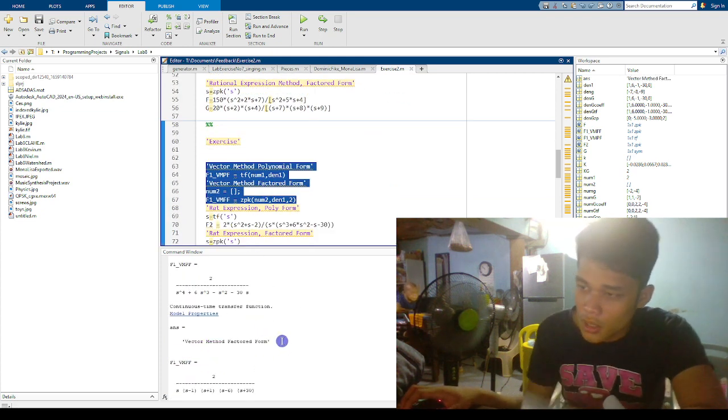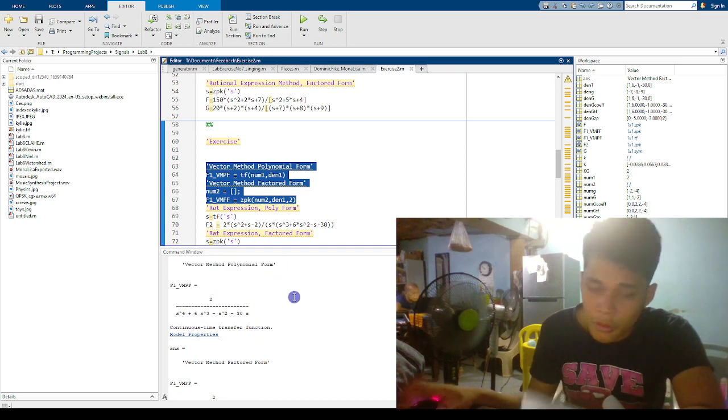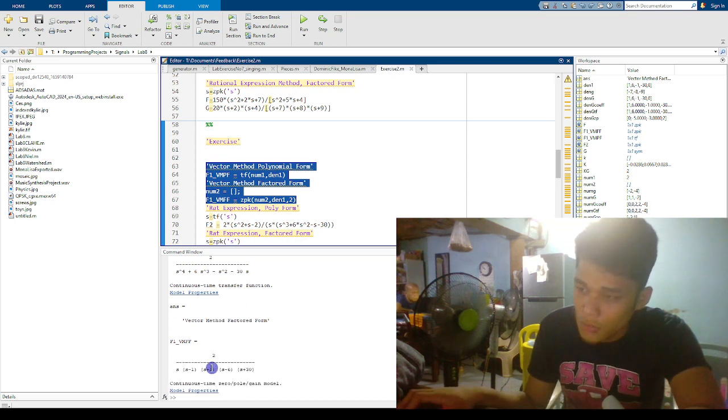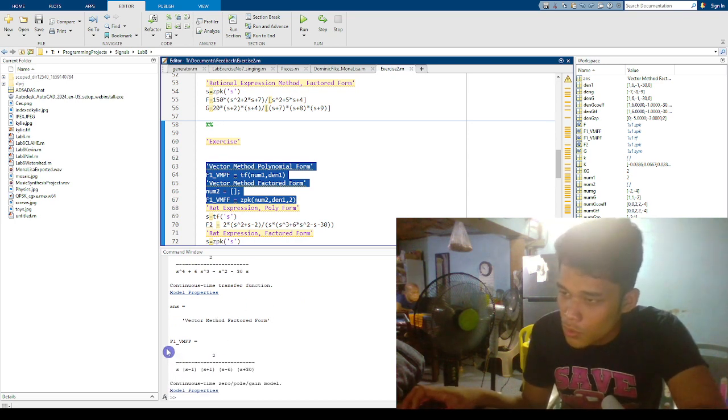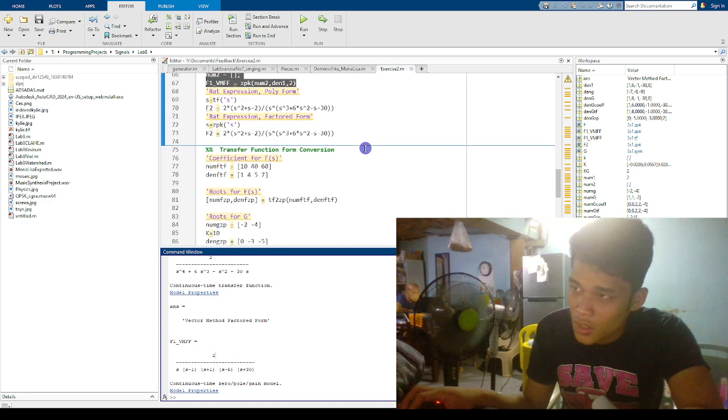This will display both the polynomial form, where the numerator and denominator are each expressed as one polynomial, and the factored form, where both are expressed as a series of factors, which are binomials for the most part.